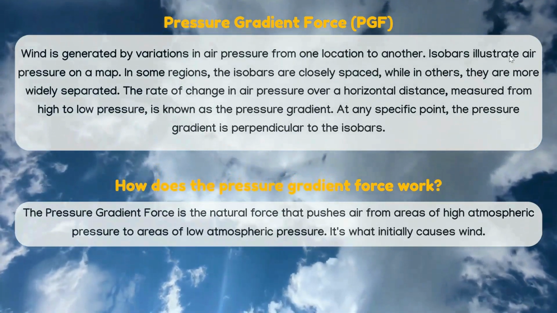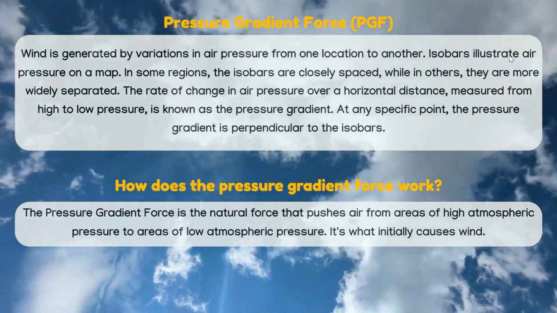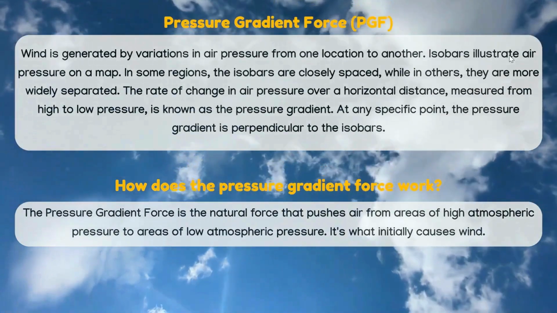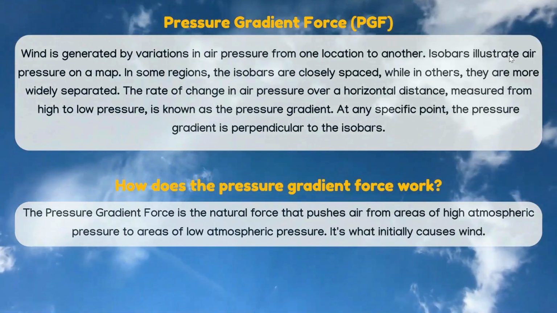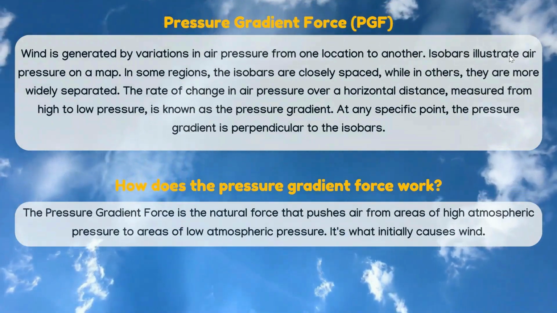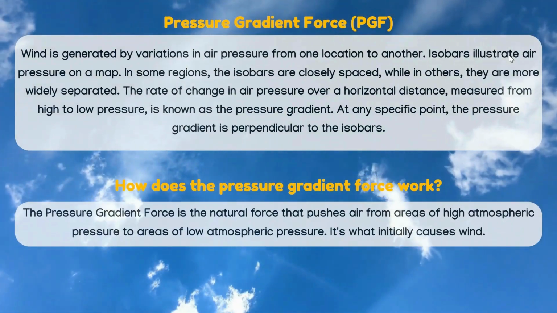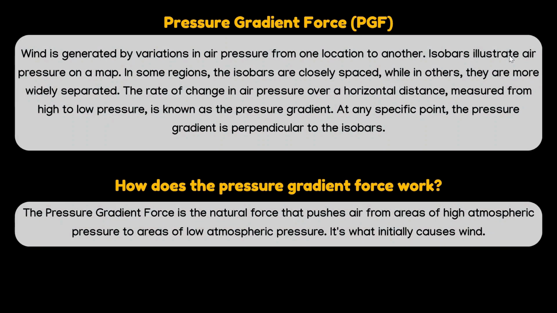a map. In some regions the isobars are closely spaced, while in others they are more widely separated. The rate of change in air pressure over a horizontal distance, measured from high to low pressure, is known as the pressure gradient.